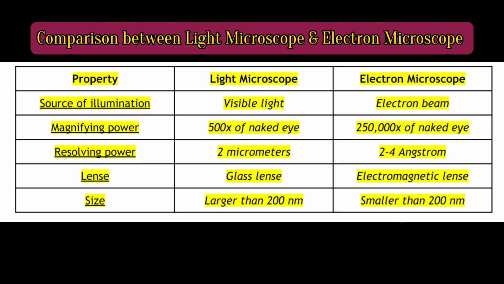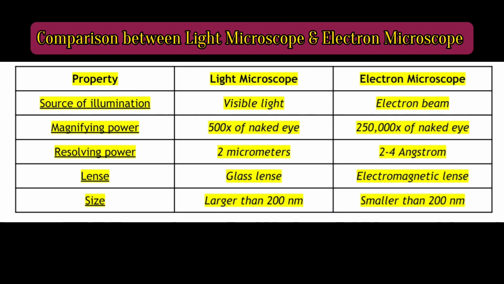To begin with, the source of illumination for the light microscope is simply visible light, and for the electron microscope it is the electron beam. The magnifying power of the light microscope is 500 times that of the naked eye, and that of the electron microscope is 250,000 times. The resolving power of the light microscope is 2 micrometer, and for the electron microscope, it varies between 2 and 4 angstrom.